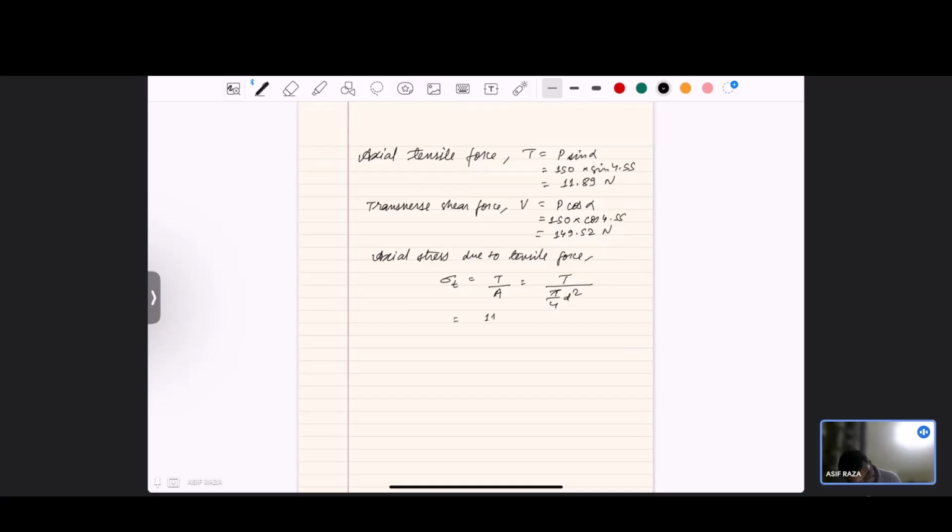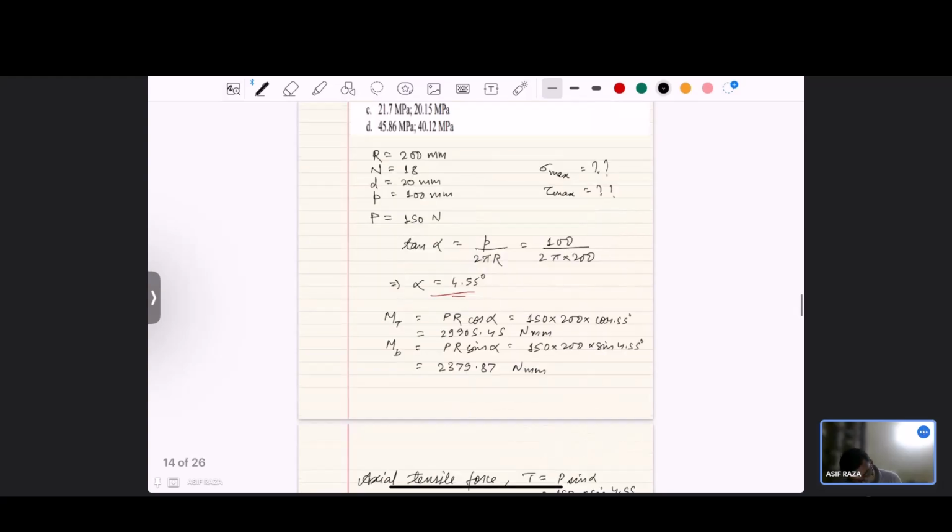So this would be equal to 11.89 into 4 by pi into D squared, D is 20.